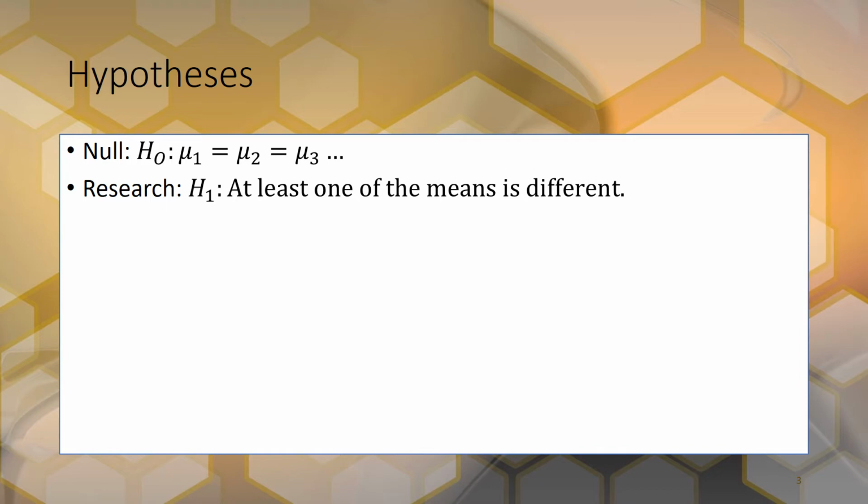It could mean that mu1 is different than mu2 and 3 if you had 3 groups, or 2 is a different one, or 3 is a different one, or they're all different from each other. So there's a lot of possibilities, so you can't really write it out in equation form with the mu's. You just have to write it out in words.